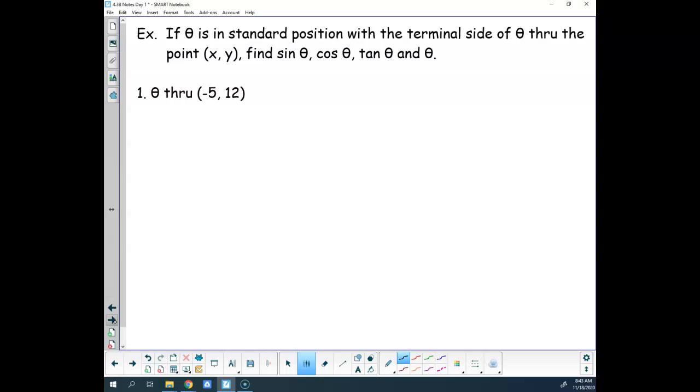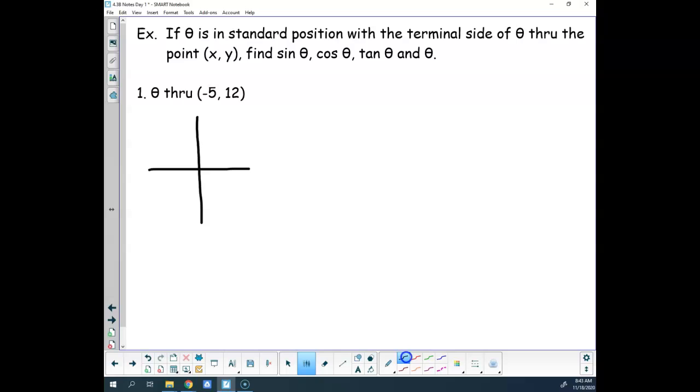Let's try this one. If theta is in standard position with the terminal side of theta through the point, we want to find the sine, the cosine, the tangent, and the angle. Well, first off, let's draw ourselves a picture depicting where this point actually is. Which quadrant is this point in?